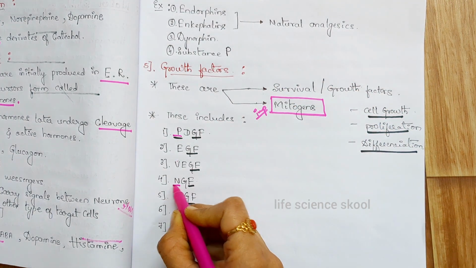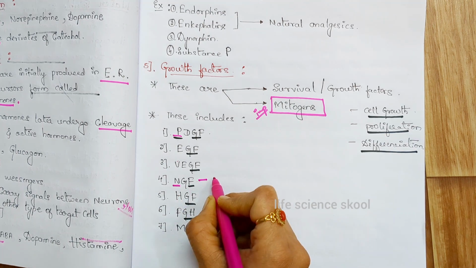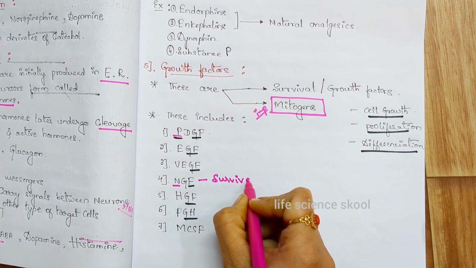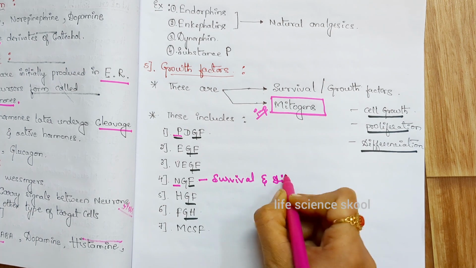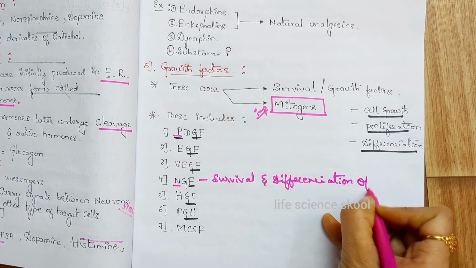And NGF is about survival and differentiation of neurons.